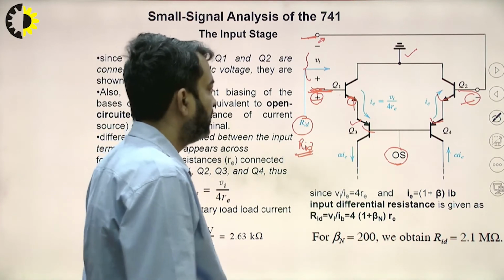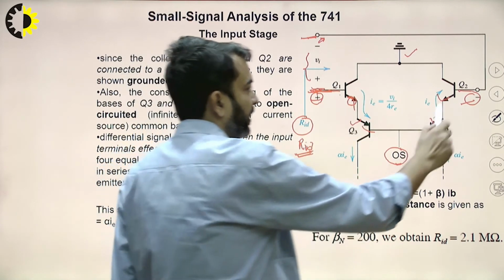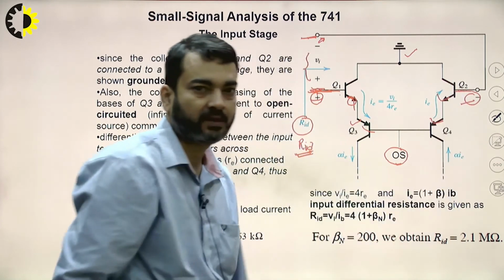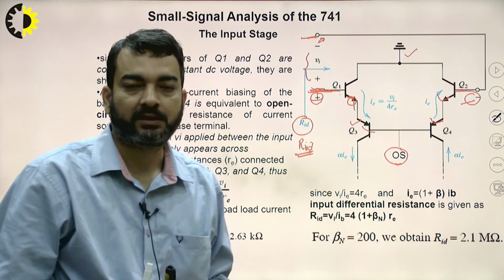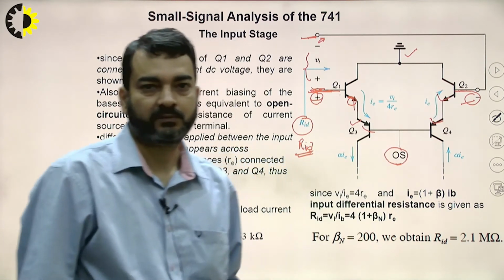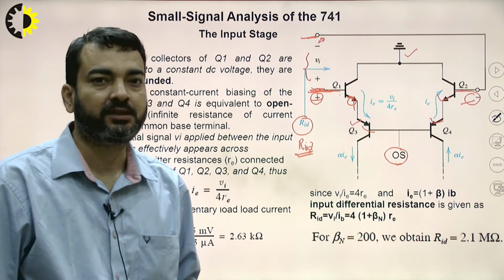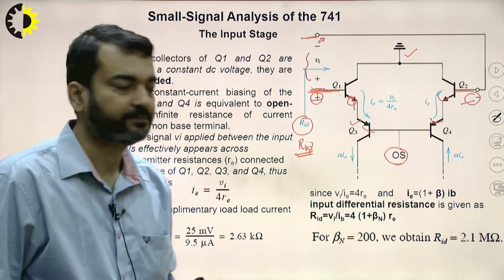Since we are looking from the base of NPN transistors Q1 and Q2, let us assume Q1 and Q2 are matched, so both transistors will have the same beta.